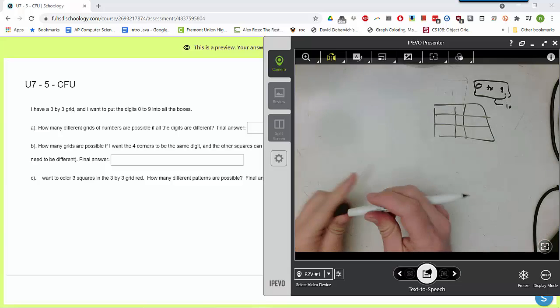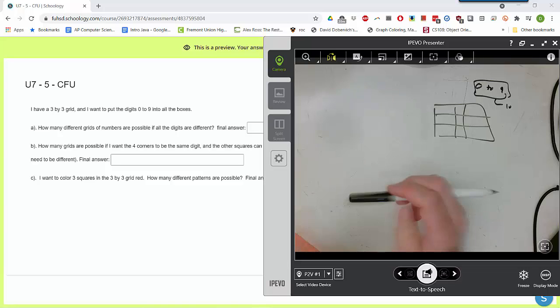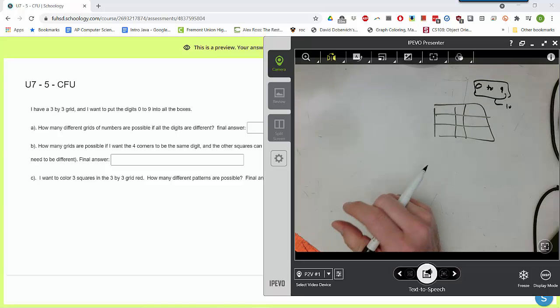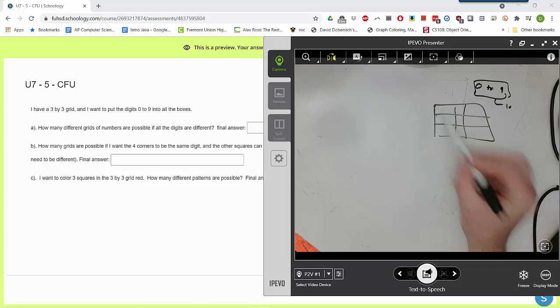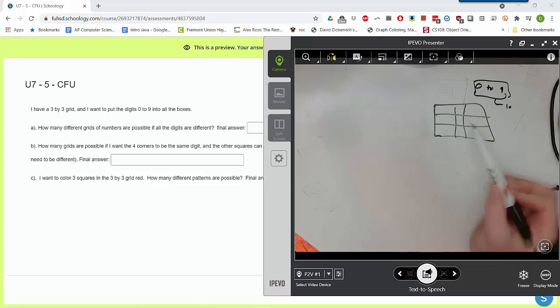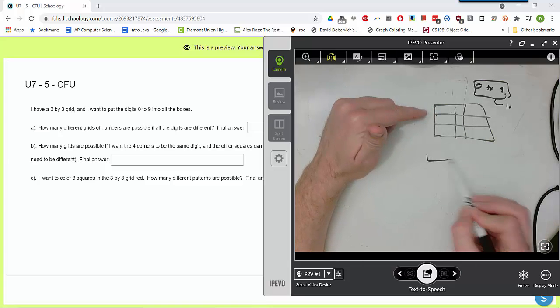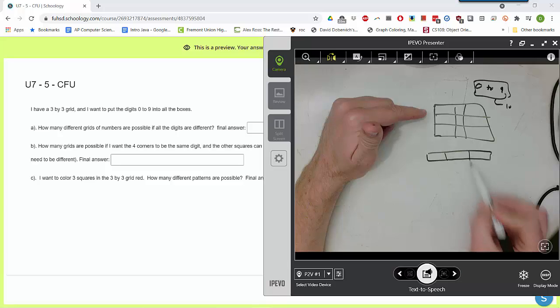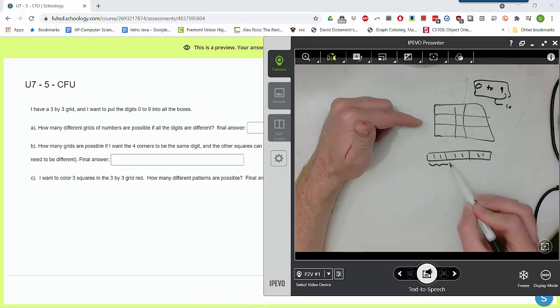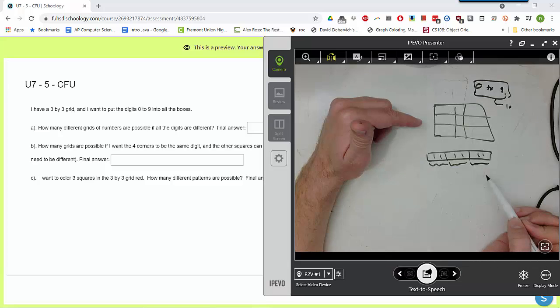Okay, so how many different grids are possible if all the digits are different? You could imagine remapping these so that they're all in a line. This would be the top row, this would be the middle row, this would be the bottom row.